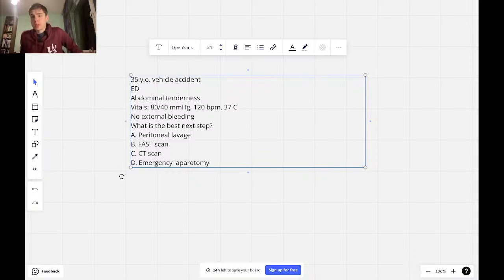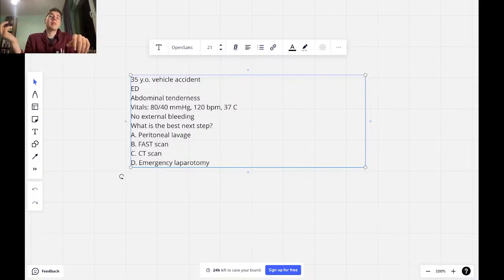Practically on Step 2CK, for the surgery section there will always be an emergency section. In this case, it is the algorithm of blunt abdominal trauma. We have two options: hemodynamically stable patients and hemodynamically unstable patients.